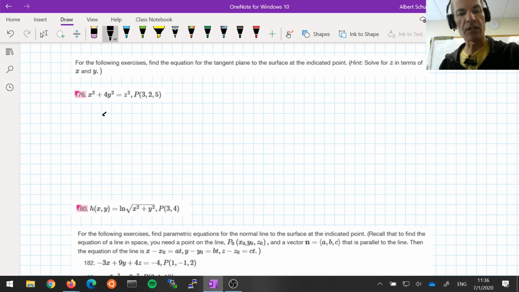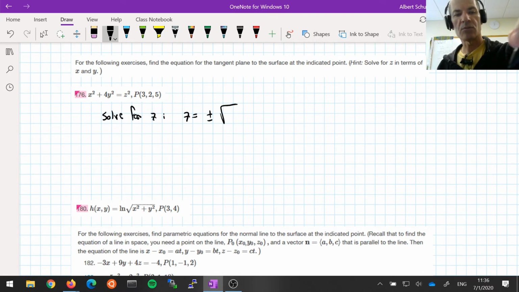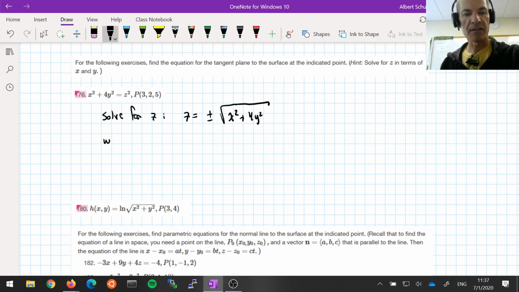If we solve for z, we get a slightly complicated situation. Z is equal to plus or minus the square root of x squared plus 4y squared. And you're immediately asked, well, which is it? Is it plus or is it minus?